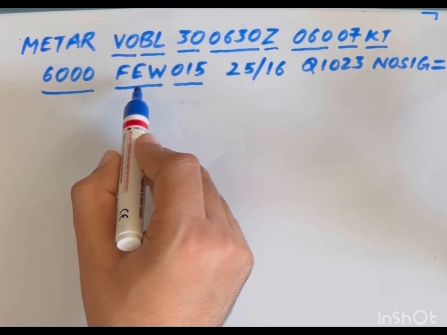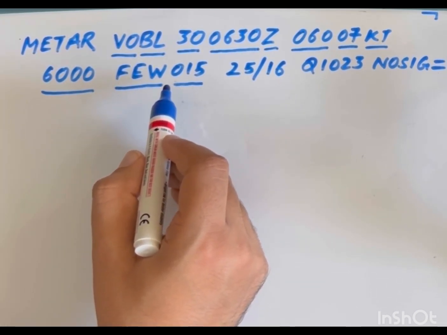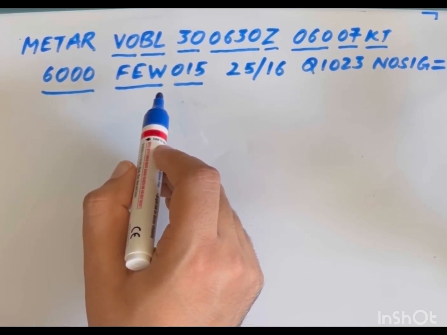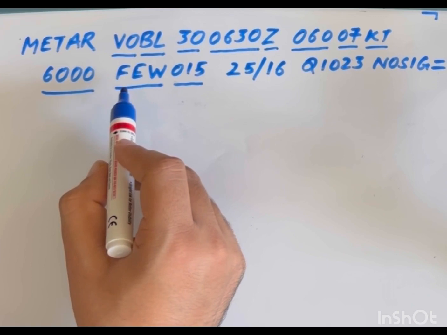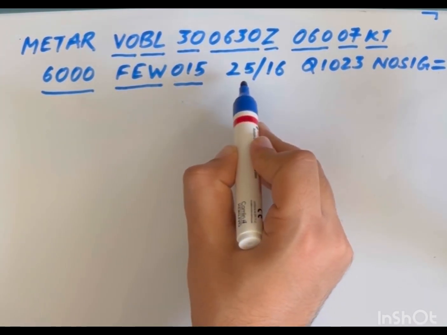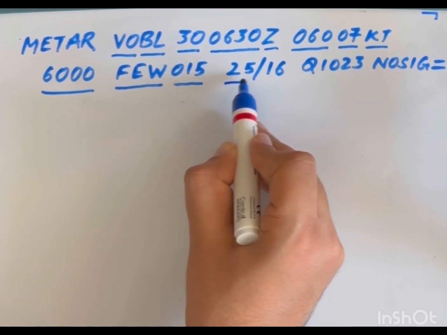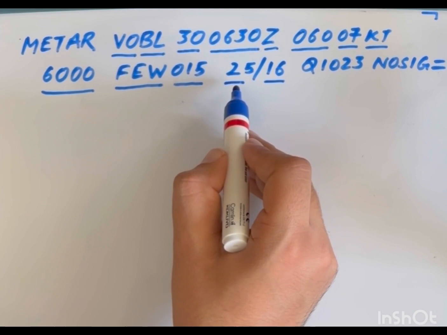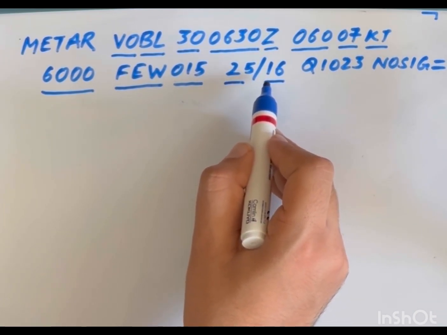So few means about 1 to 2 octas of clouds. I will tell you more about octas in the meteorology lesson. So it tells few clouds at 1500 feet AGL, and the next part is the temperature and the next part is the dew point. So the temperature is 25 degrees Celsius and the dew point is 16 degrees Celsius.